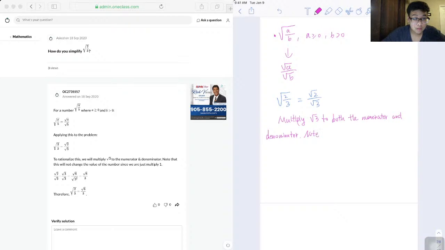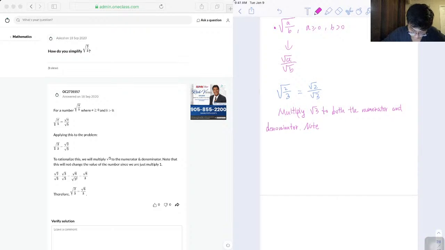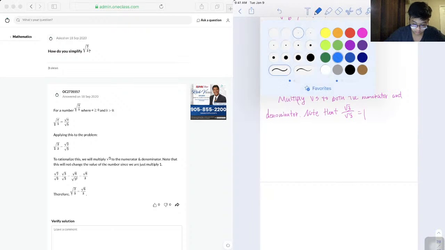And note that root 3 over root 3 is equal to 1. Right.